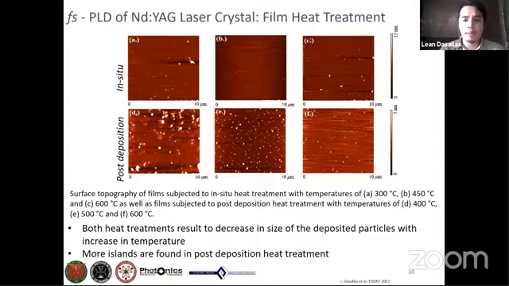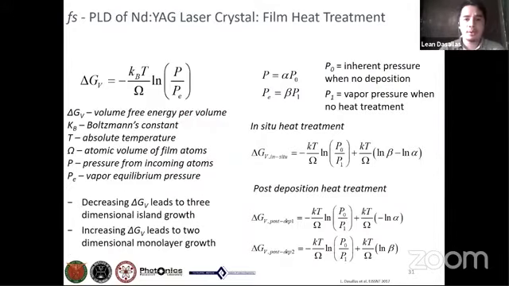In order to explain this result, we used a thermodynamics approach in describing deformation of the thin film. So we have here the volume free energy of the system as a function of pressure and temperature.